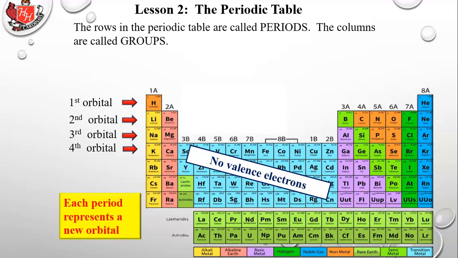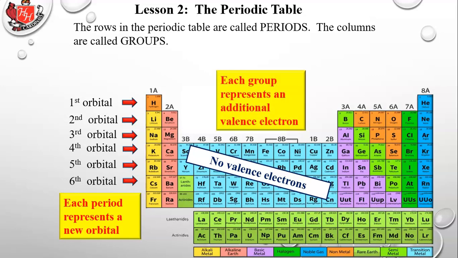In the fourth row, for example, only K, Ca, Ga, Ge, As, Se, Br, and Kr are the only ones that are part of the valence orbital. So there's also 8 electrons in the valence orbital, even when you get down into the transition metals. The 5th orbital represents the 5th row, and so on.